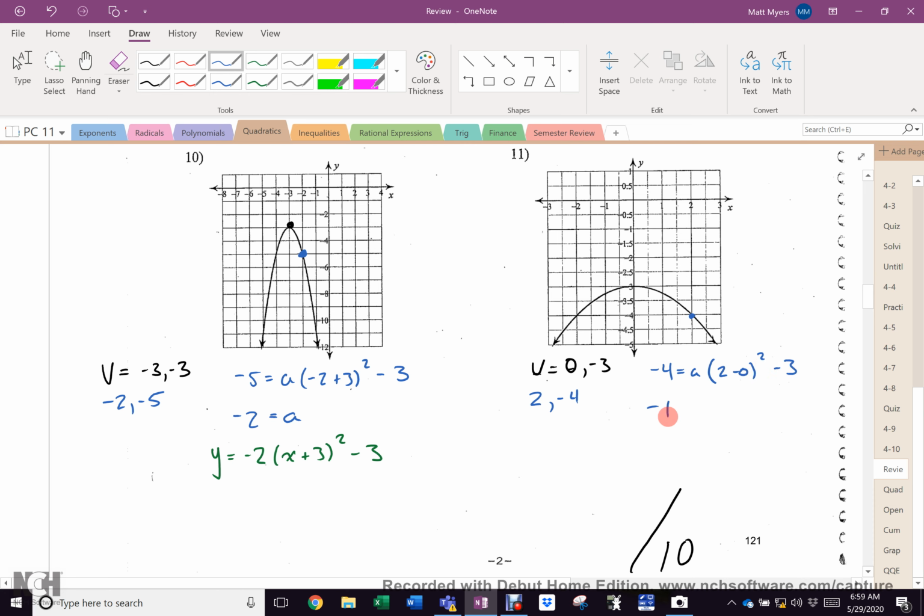That comes over, becomes negative 1 equals, 2 minus 0 squared is 4a. A equals negative 1/4. So our final answer, y equals negative 1/4 x squared minus 3. Again, you don't need the brackets. Y equals negative 1/4 x squared minus 3. But if you left the brackets, even if you wrote 0, it's fine. Pause for a second, let you count it up. And we move on.